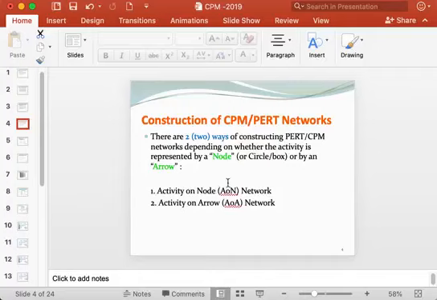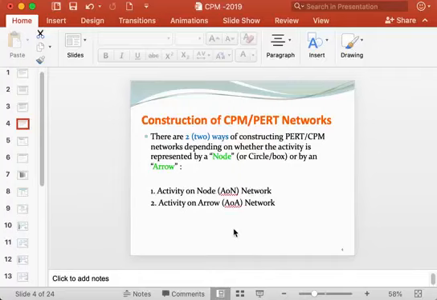If I tell you once again, if a project network is constructed using a node, or circle or rectangular box, to represent activity, then such a network is called an activity on node network.